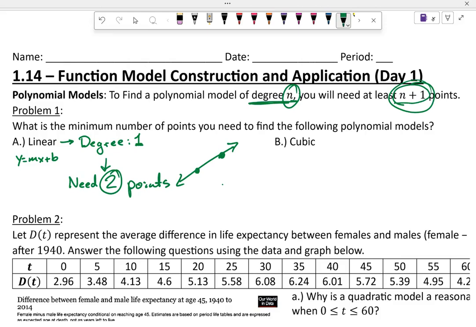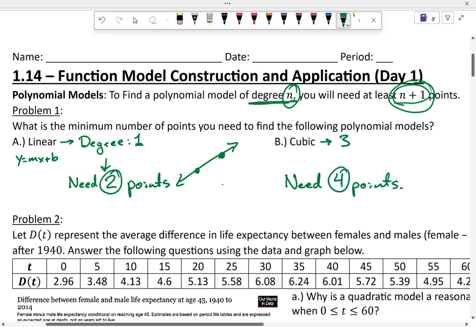So then if I have a cubic, how many points would I need? What is the degree of a cubic? 3, so how many points would I need? 4 points. It is the degree plus how many? It's just 1 more than the degree. That's all it is.